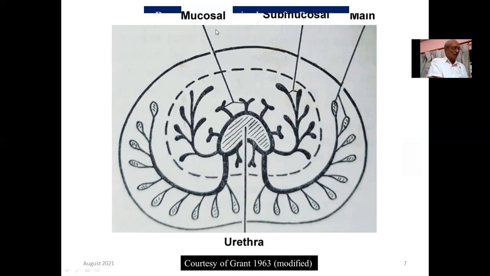And well, if you want to see the label which I have given after modification, those are the labels. Okay. Fine. And this is from 1963. And this transverse section will help to some extent in defining the zones of the prostate. Next one.